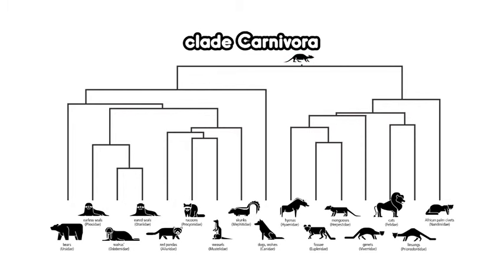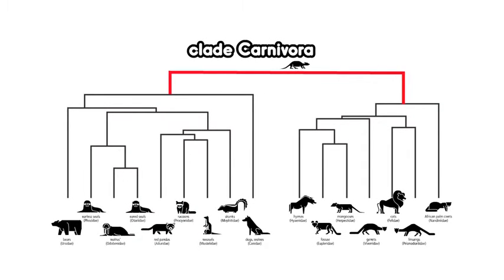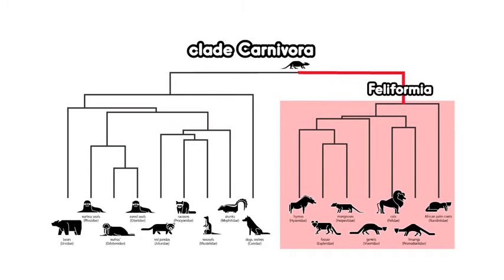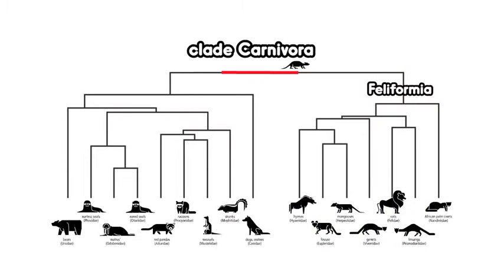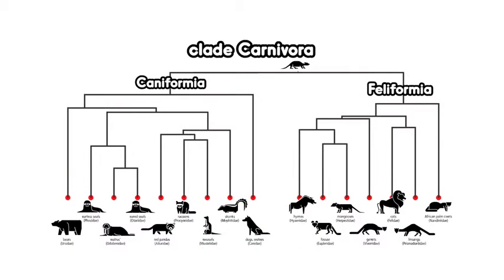We can see that all of today's living carnivorous species came from two main branches that arose from this common ancestor: Feliformia, that is, cat-like carnivorans, and Caniformia, the dog-like carnivorans. At the tips of the tree are all living carnivoran families.